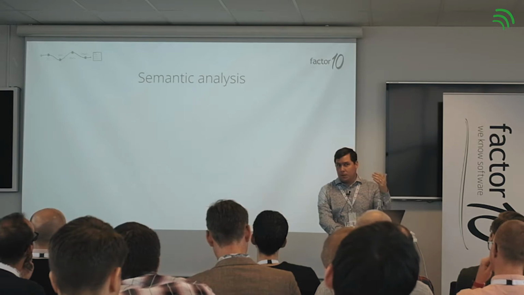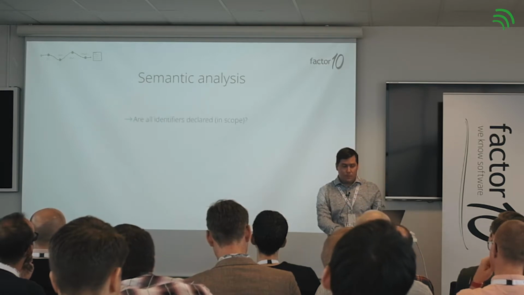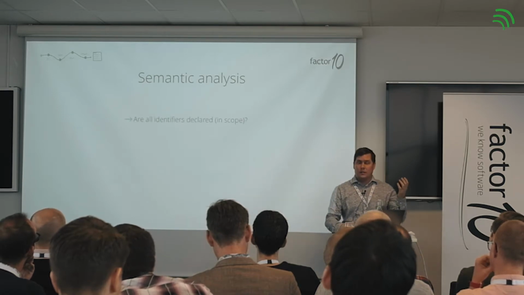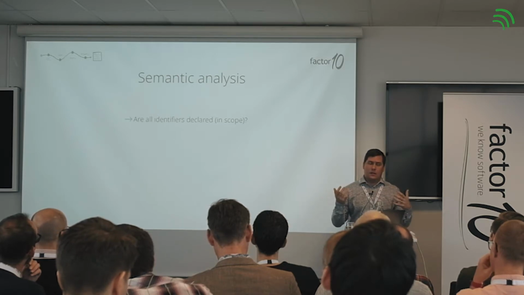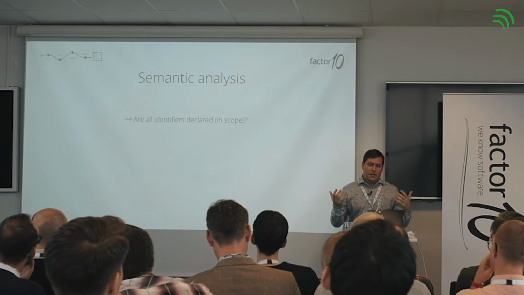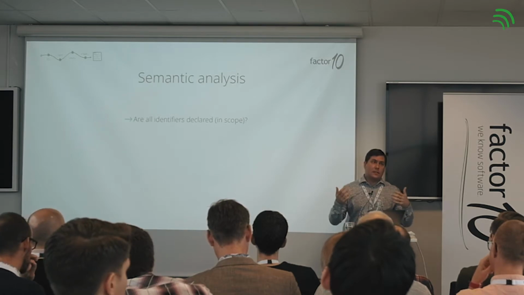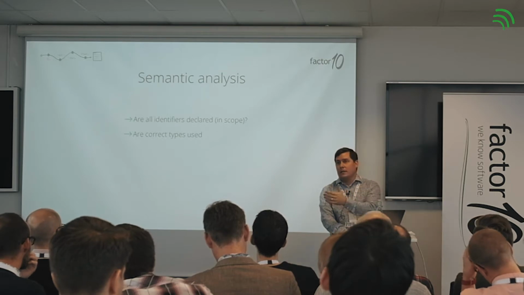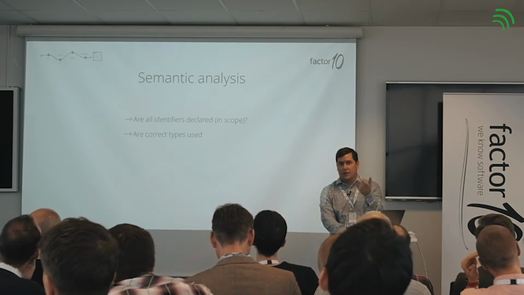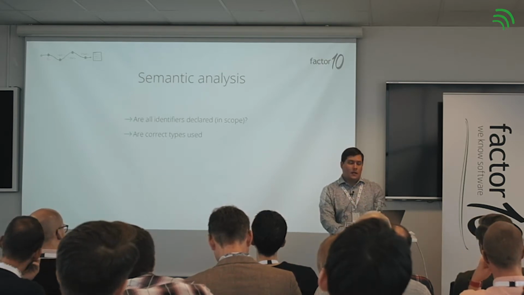And that is basically that you walk through your syntax tree and your symbol table, and you can do things like, are all the identifiers declared in the reference in scope, or do we have duplicate identifiers within a single scope? That's an error.